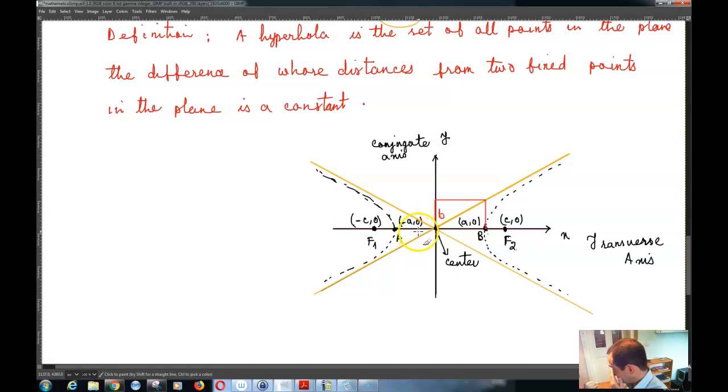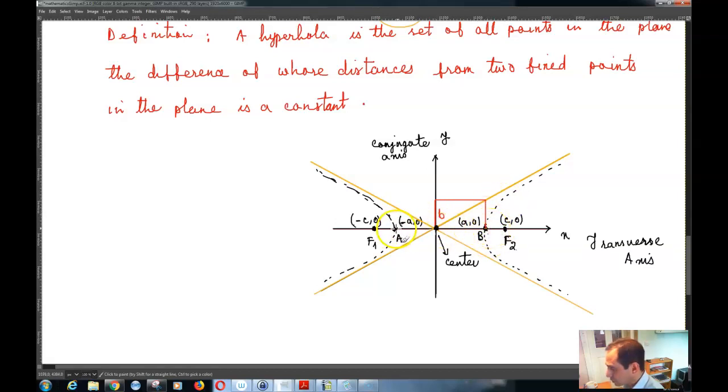And here there is some indication of how the distance between the two vertices, or the length of the transverse axis, is defined.